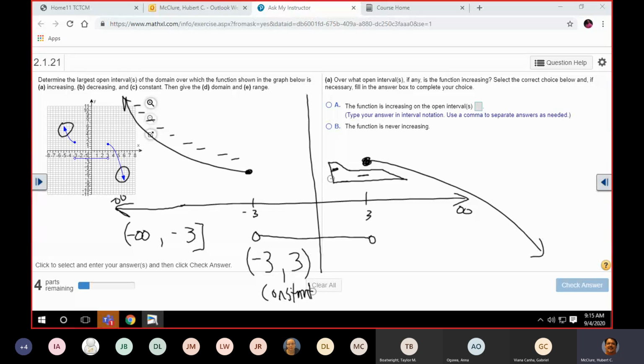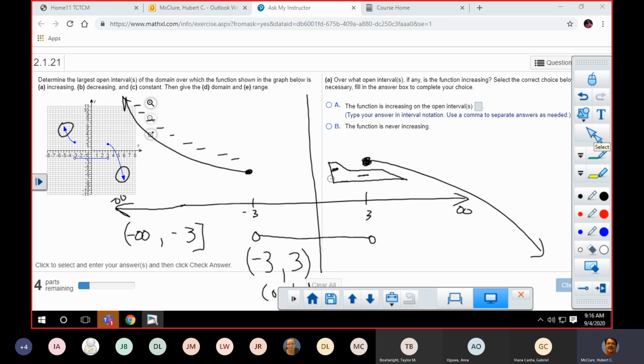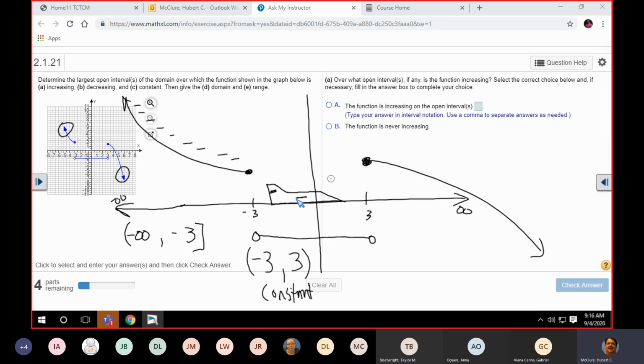Think of it like it's on the runway, and it's just on the runway, and it's not doing anything. And then what is it doing from 3 to infinity? It's descending again.